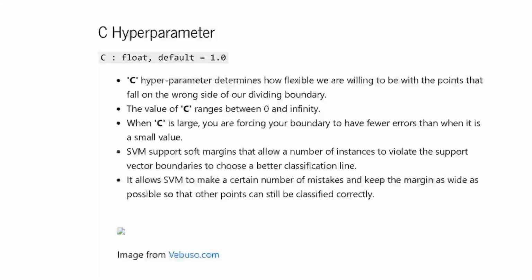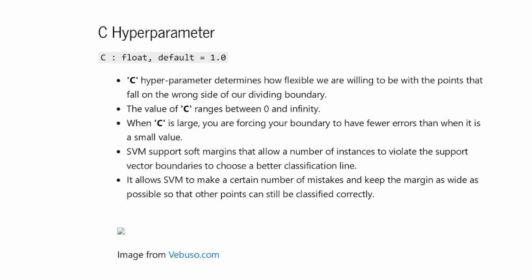By far, one of the most important hyperparameter is the C parameter. The C parameter tells the SVM optimization how much you want to avoid misclassifying each training example. For large values of C, the optimization will choose a smaller margin hyperplane if that hyperplane does a better job of getting all the training points classified correctly.